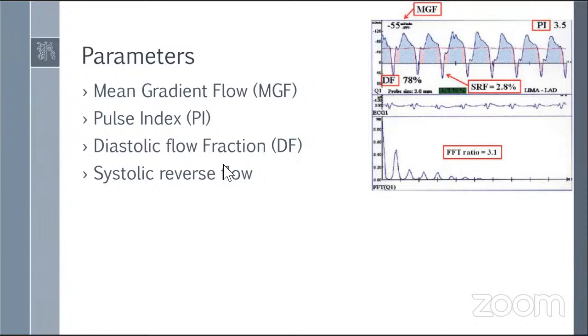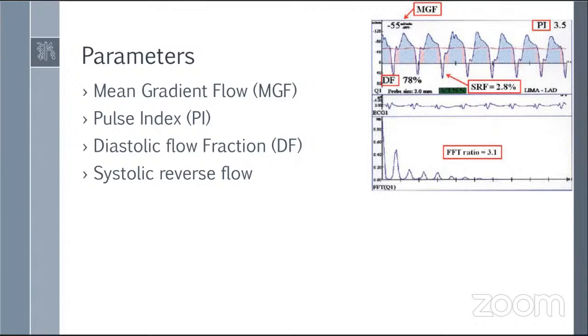The last two values are rarely used; I only heard about them now when I read about this topic. The first one is the diastolic flow fraction. This one calculates the amount of flow that goes to the heart during diastole. And the systolic reverse flow corresponds to the percentage of the flow curve area below the 0 line.